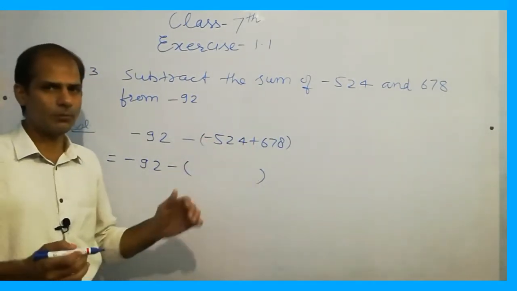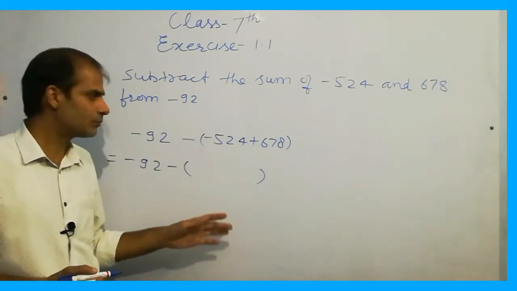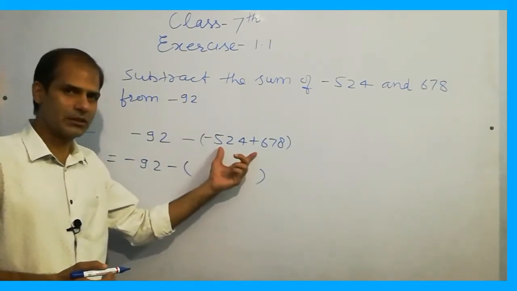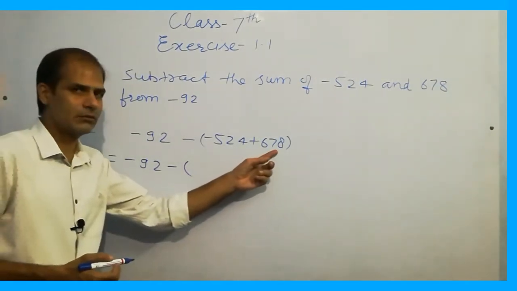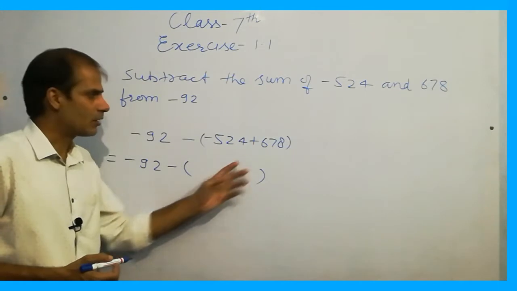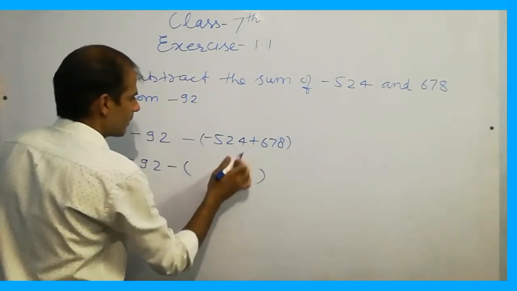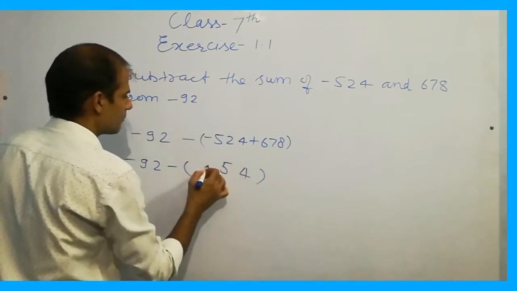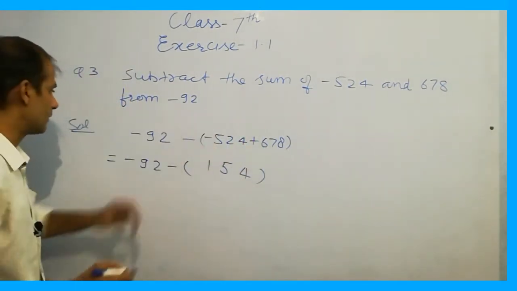Minus and plus are opposite signs, according to the rule I have just told you. We will perform subtraction and take the sign of the bigger number, so the answer will be positive. Now do subtraction. 8 minus 4 is 4, 7 minus 2 is 5, and 6 minus 5 is 1. This is the answer of this expression.